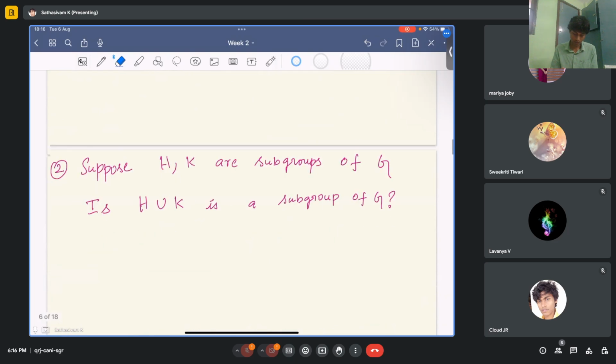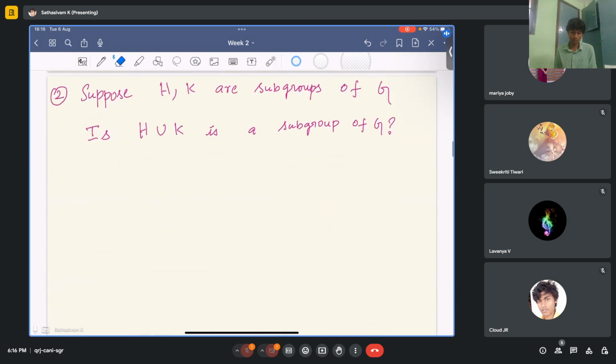Okay, so let's move on to the next problem. Now we have seen the intersection of subgroups is a subgroup, right? So the next question is, what about the union? Is the union a subgroup? Suppose I have two subgroups H and K, is H union K a subgroup? If it is not a subgroup, can you come up with a counterexample?